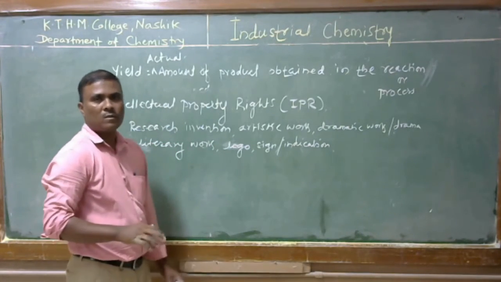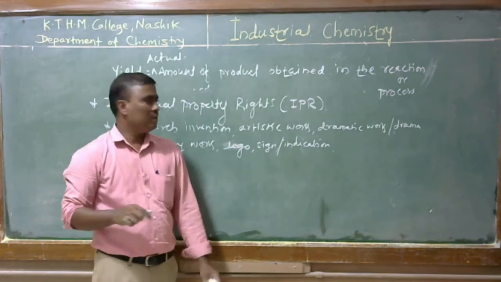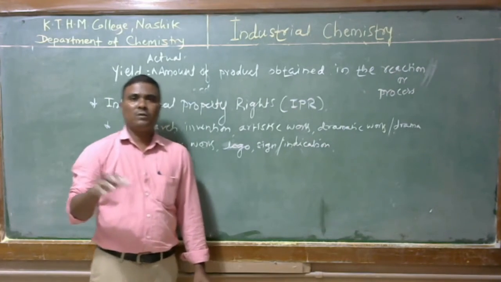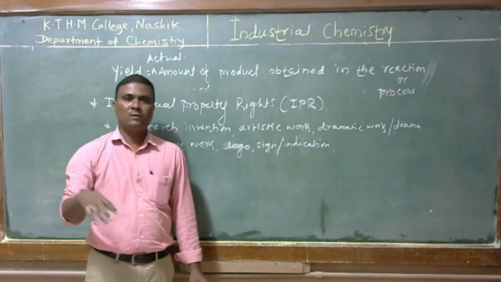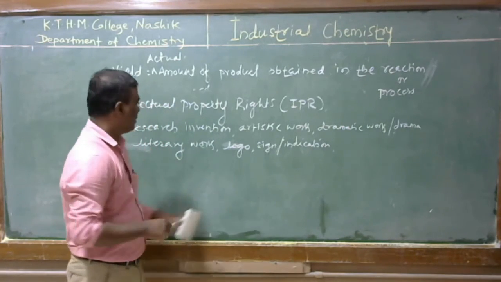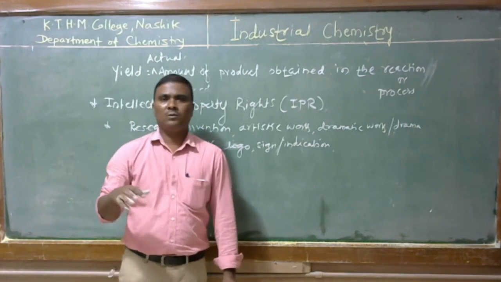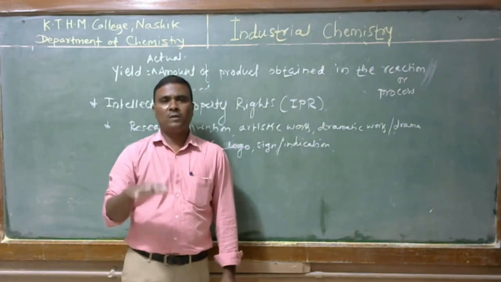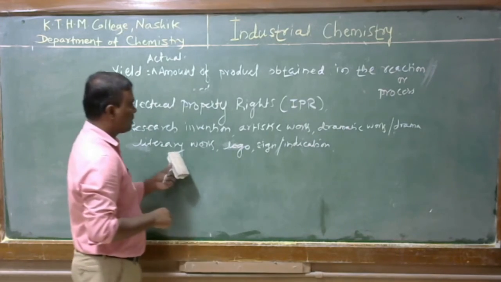Artistic work, any artistic work is covered under the IPR. Dramatic work and even drama. If you are doing any film or drama, or if you are writing dramatic work, you can cover this. Literary work, for writing novels, poems, books, you can cover; this gives the exclusive rights.